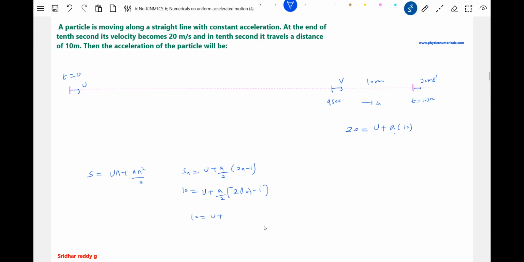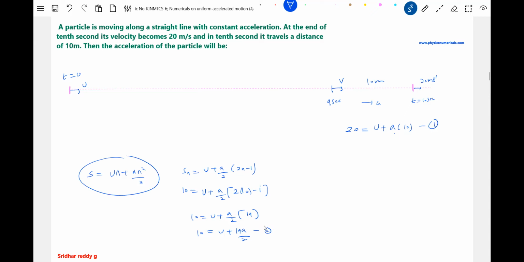So 10 equal to U plus 19A by 2. Call this equation 1. There's another equation we have, call this equation 2. We'll see what is the use of this.